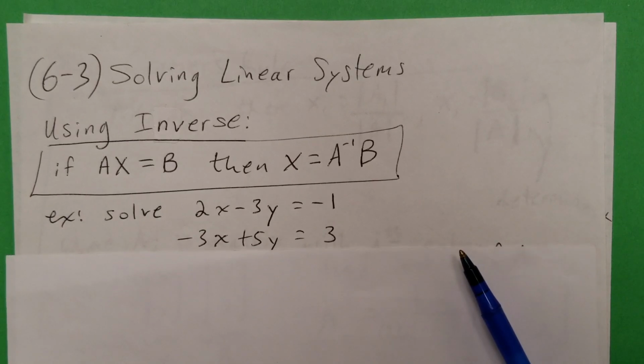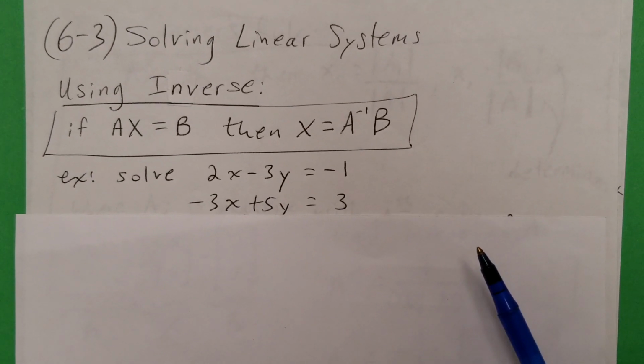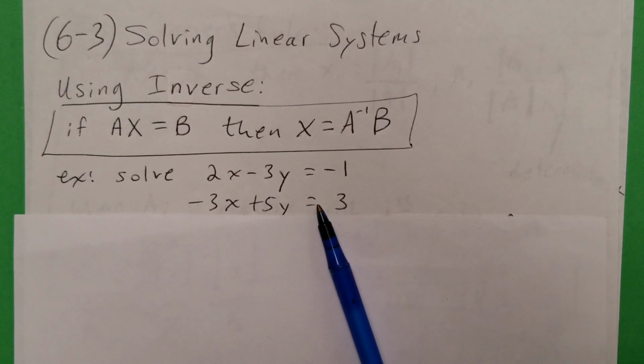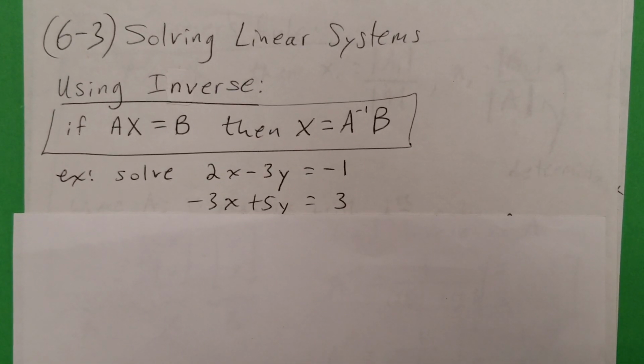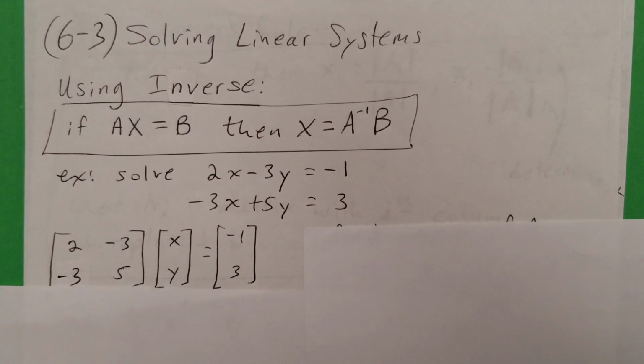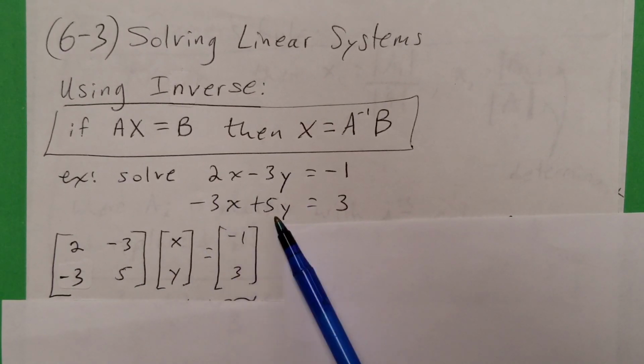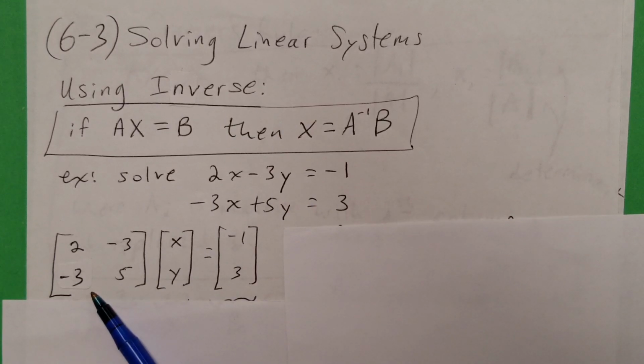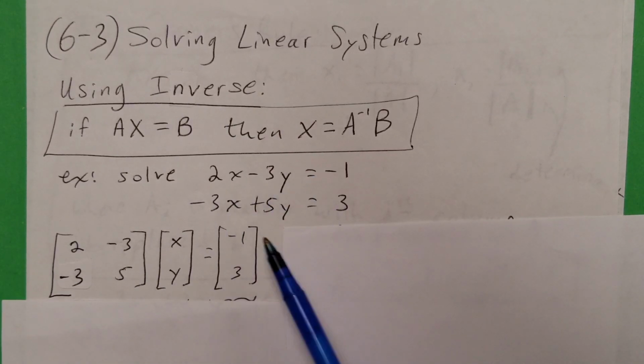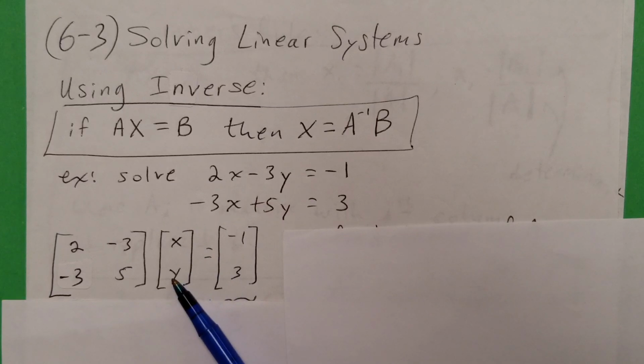Okay, here we go. So here's my linear system. I want to solve this. So let me set it up, and it's going to look a little bit the same and a little bit different. Just like before, we drop the letters and keep the numbers for this matrix, and we only have x and y right there.